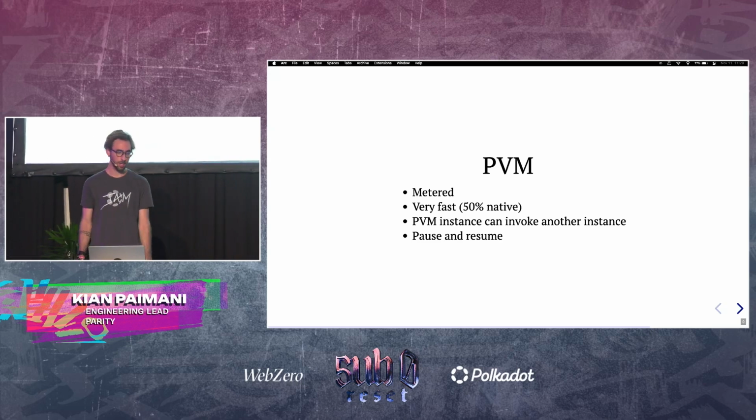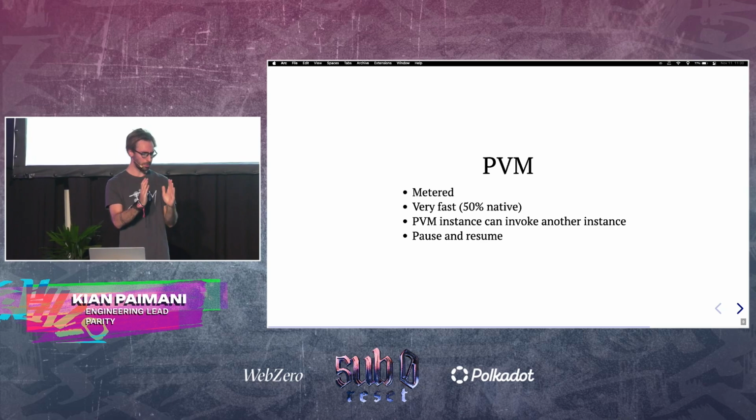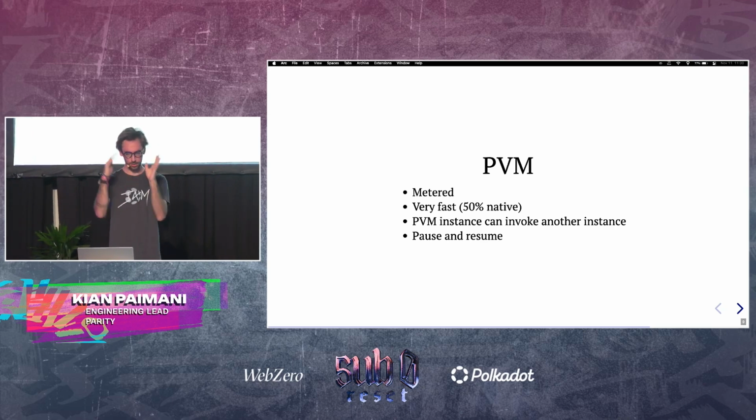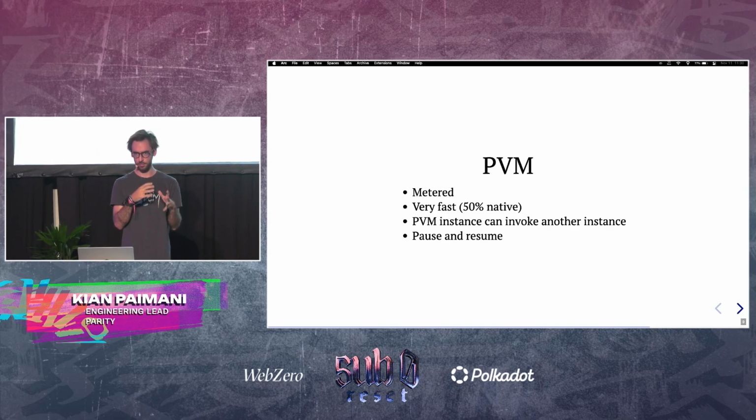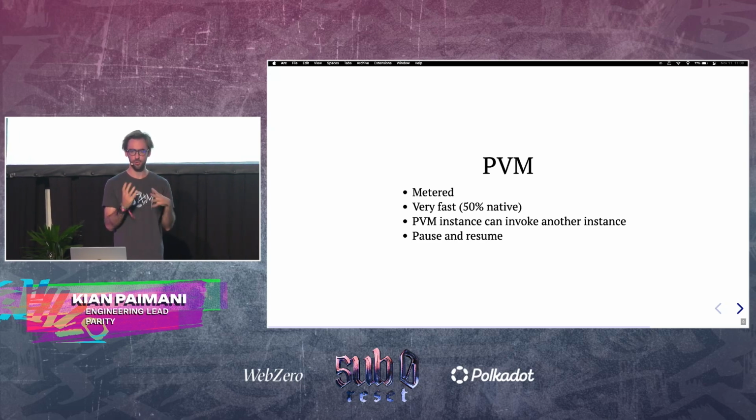And finally, PVM has this property where the memory can be dumped and sort of paused and stored somewhere and then resumed. And this is where CorePlay is intending to use this property. So this pause and resume is also something that JAM is heavily relying on and wants to implement new things with.